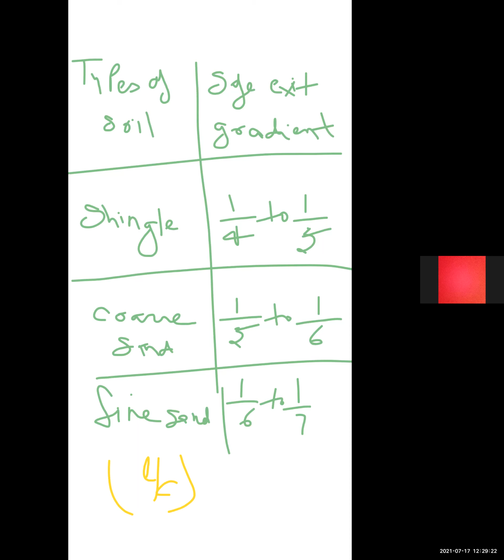Height of weir above low water 2 meter, and height of falling shutter 0.6 meter. Top width of weir 2 meter and bottom width of weir 3.5 meter. So design the length and thickness of apron and draw the cross section of the weir. So this is the question.